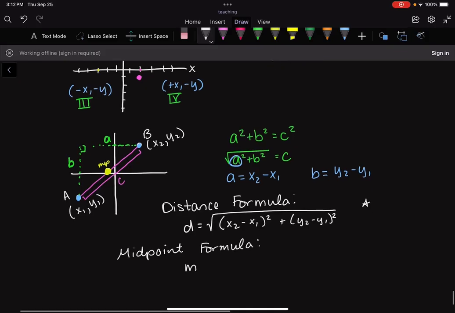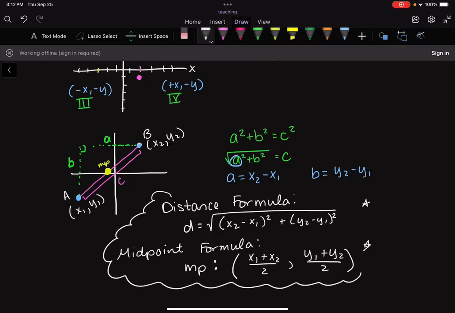So for midpoint, we would add our x's together and then divide by 2. Basically finding the average, the mean, the middle, whatever you want to call it. And then for our y's, I would do the same thing. I would add them together and divide by 2. So both of these you'll need to know for your next test, the midpoint and the distance formula.